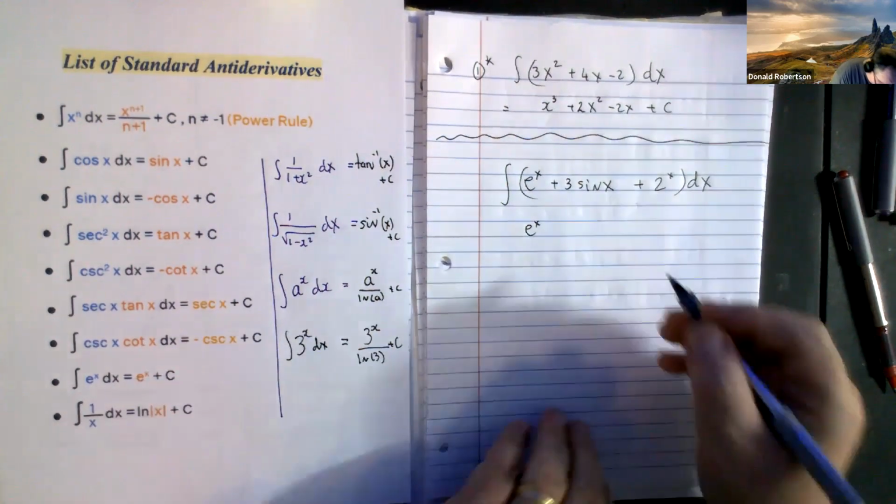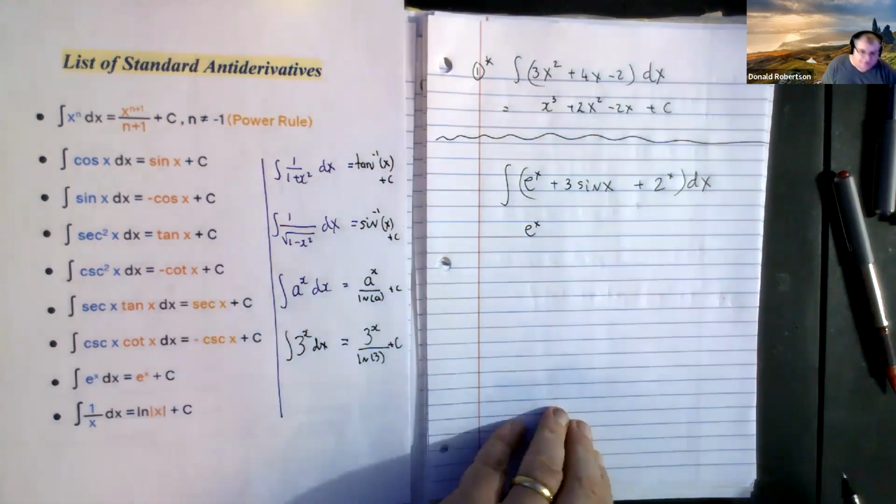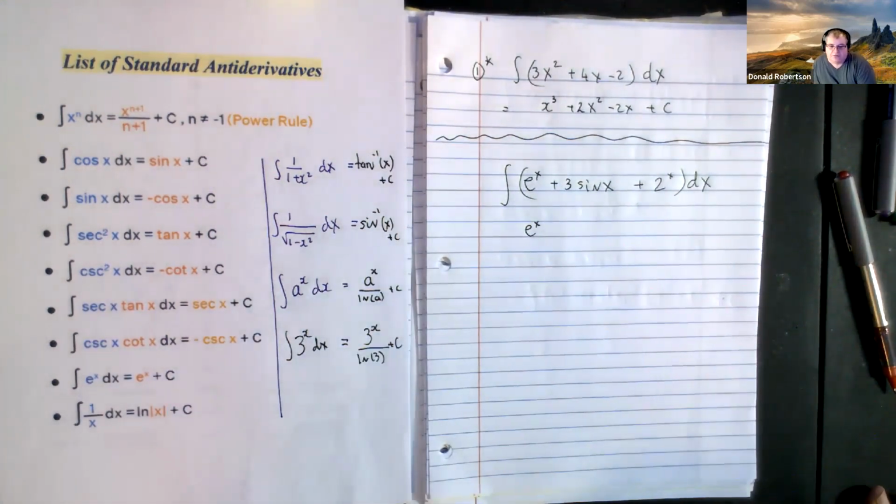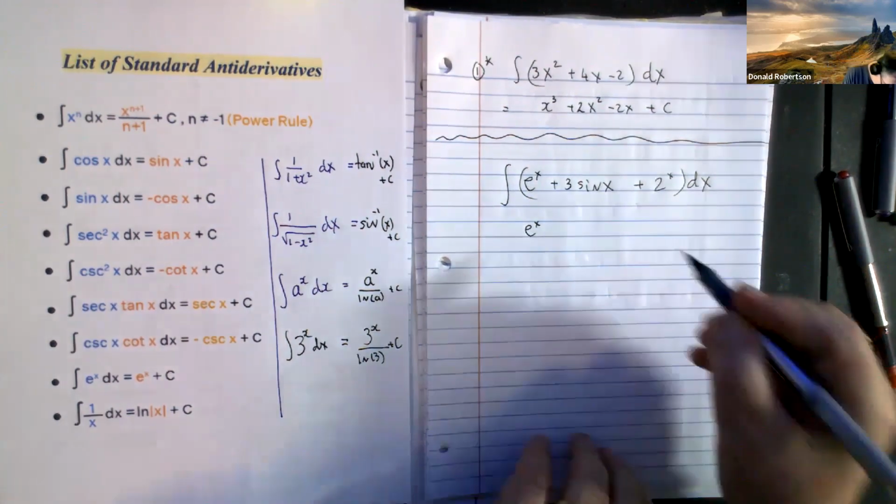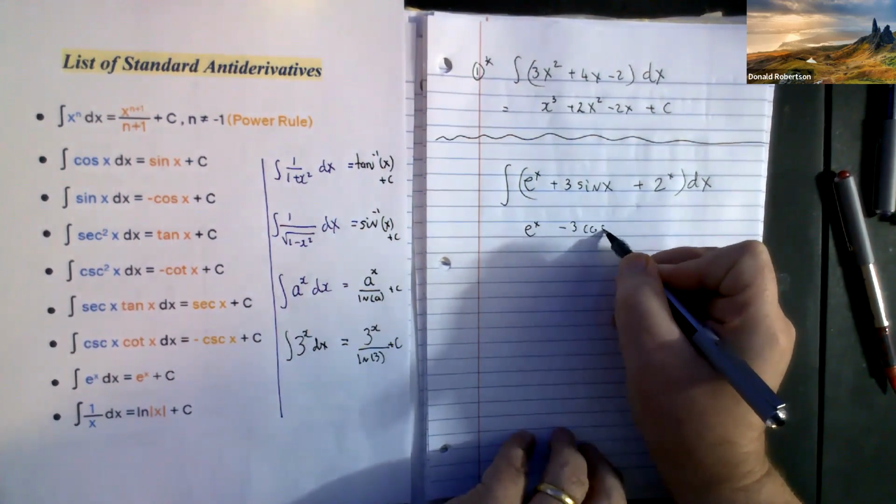There we go. If you find the antiderivative of 3 sine x, well, you tell me, what is the antiderivative of 3 sine x? I think someone's typed it in for me. Check it. Correct. -3 cosine x.